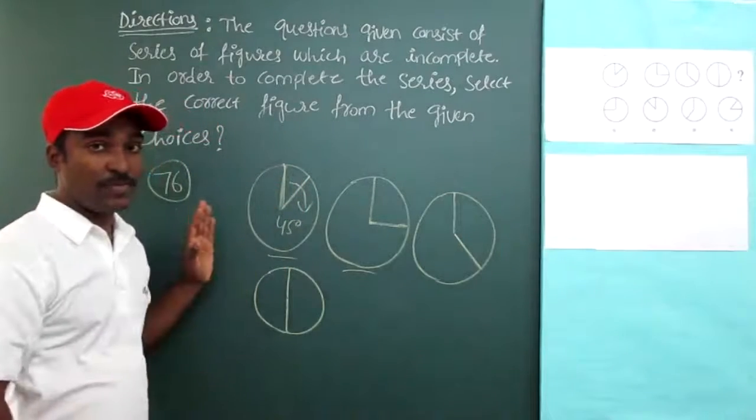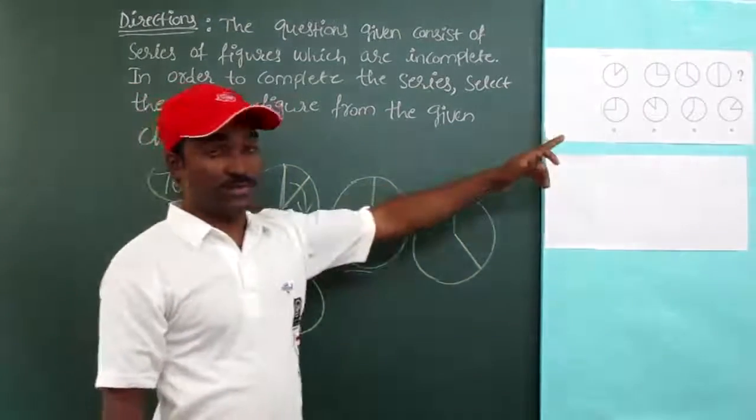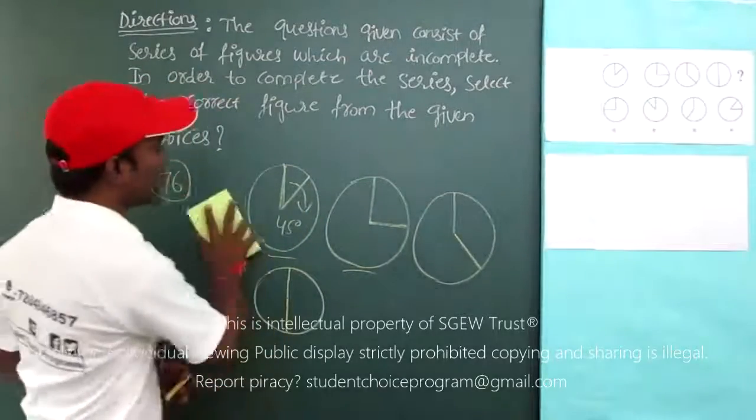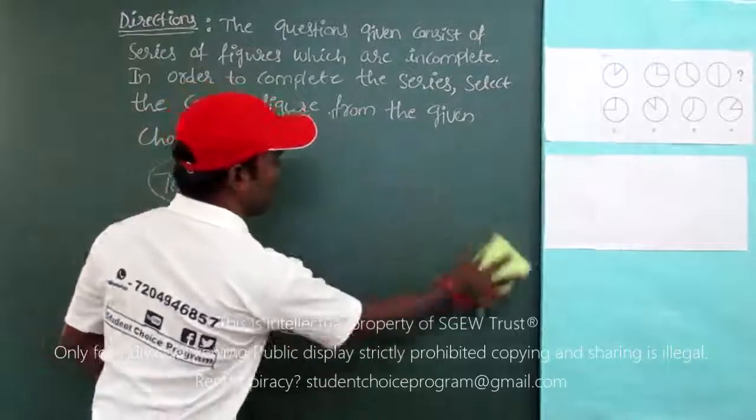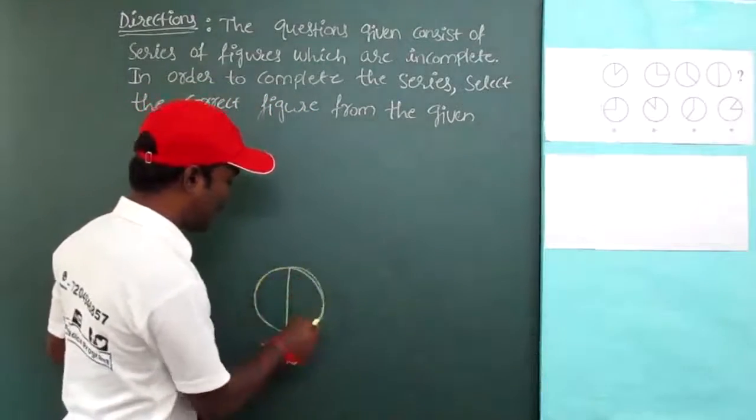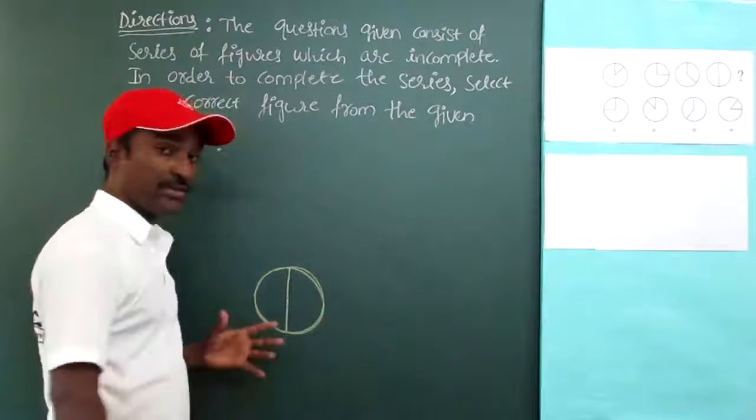So that has to be observed in the choices. Whichever it matches, that will be our right option. So here is our last, that is fourth figure, and we have to find the next, that is fifth figure.